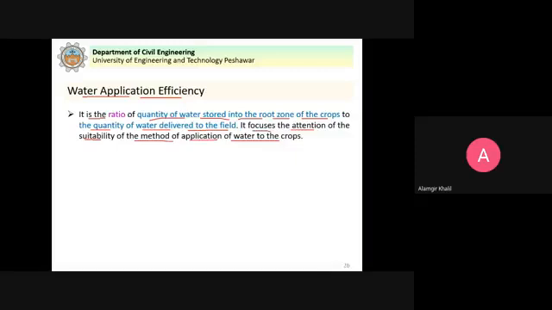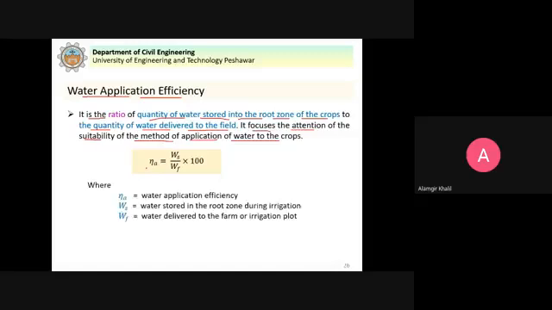So the ratio of the quantity of water stored in the root zone of the crops to the quantity of water delivered to the field is mathematically given by this expression, where eta A is the water application efficiency, W sub S is the water stored in the root zone during irrigation, and W sub F is the water delivered to the farm or irrigation plot.